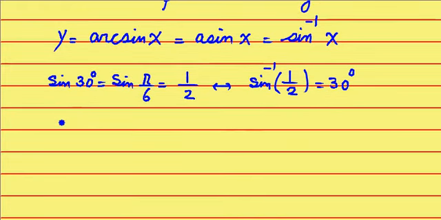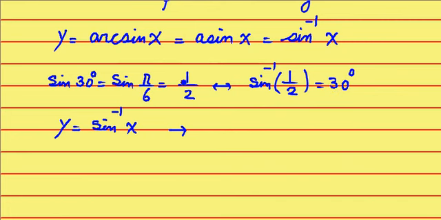Okay, suppose I have y equal to sine inverse of x. I'm using this notation now. According to this, what does that mean? Here we said sine of 30 degrees is 1/2. Is that right?